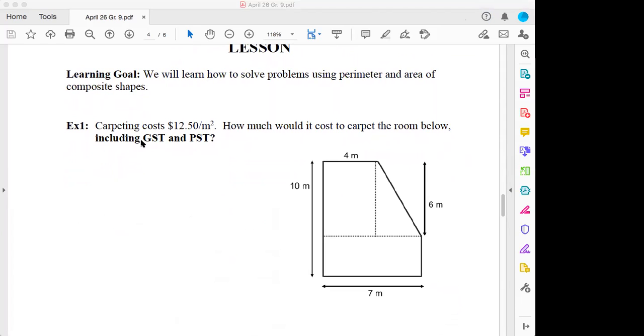So GST and PST together is 13% in Ontario. Okay, so our first step is going to be to find the area of our composite shape. So your first thing that you should do is you should label them. And we've done this last week, so you should be familiar with it.